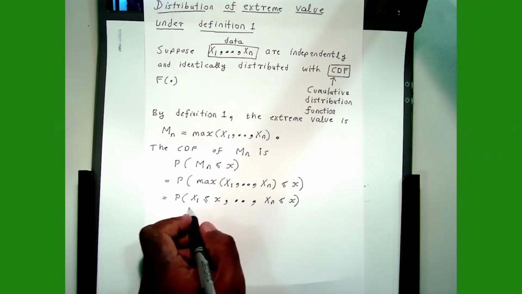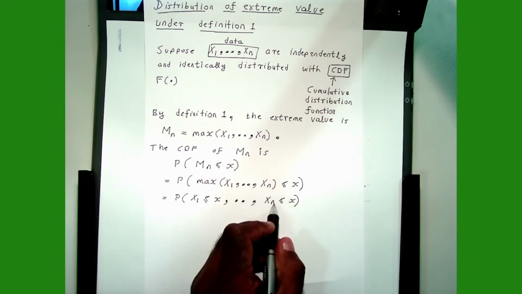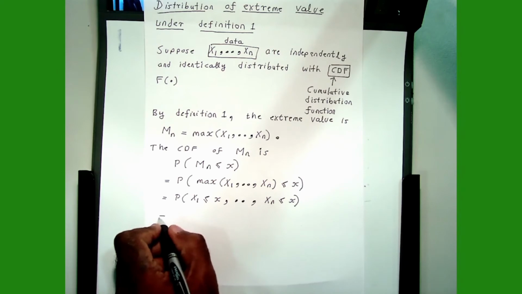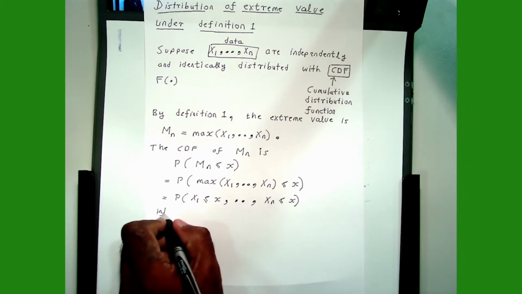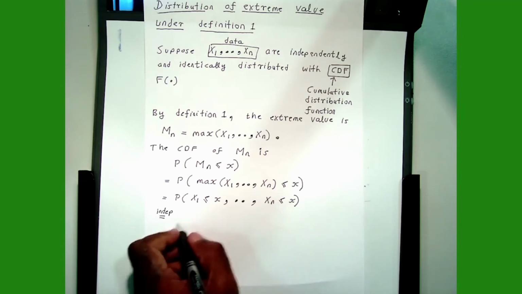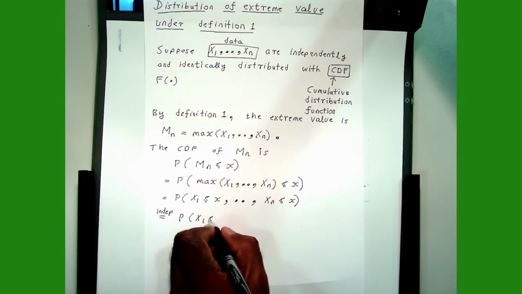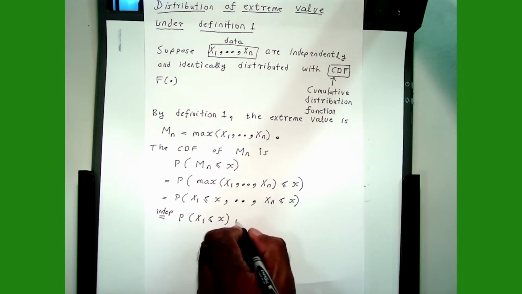Now in the next step, I'm going to use the fact that x1 to xn are independent random variables. So using independence of x1 to xn, we can write the joint probability as the product of these probabilities.